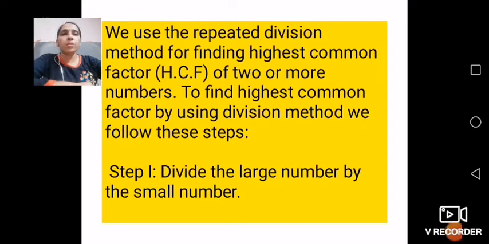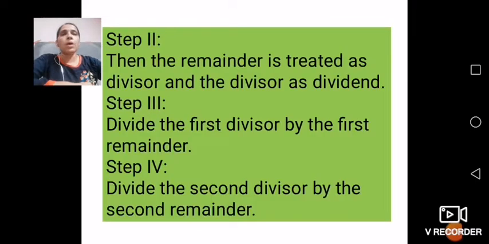Now we'll see what step 2 is. Step 2 is the remainder. After division, whatever remainder you get is treated as the divisor, and the divisor from the previous step is treated as the dividend.